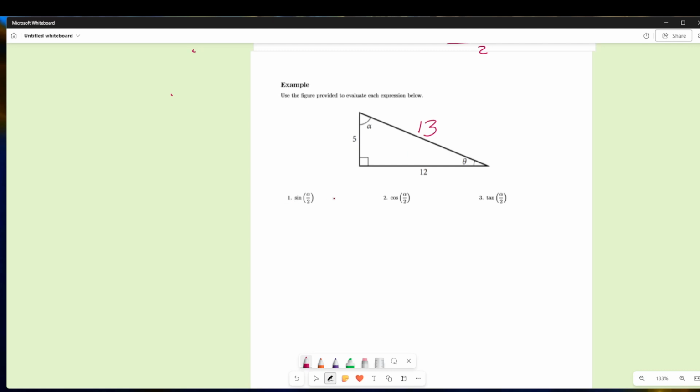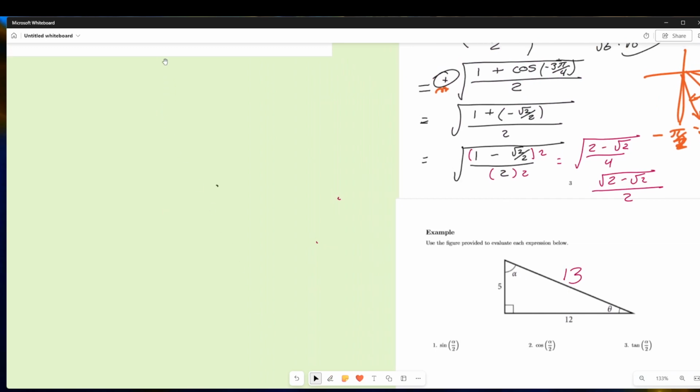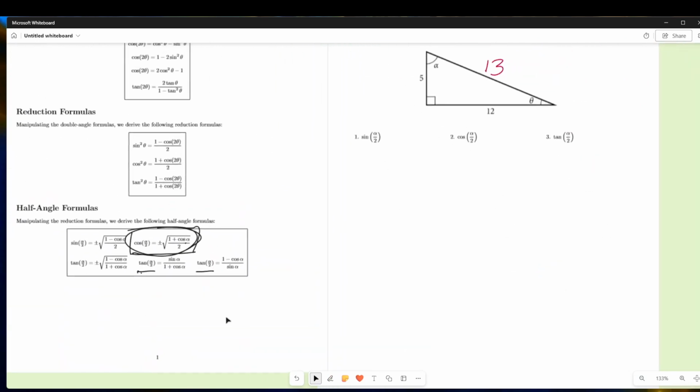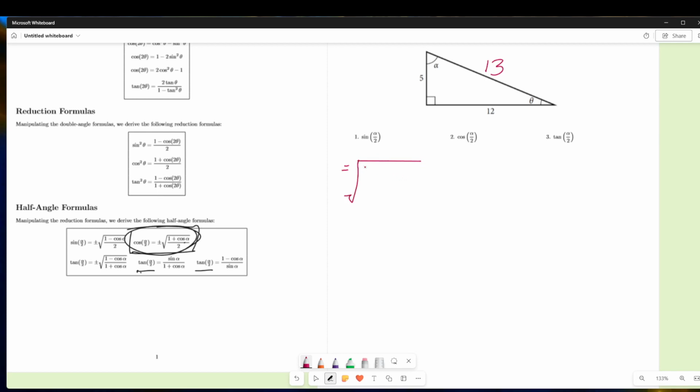So sine of theta over 2, well, again, we grab our formulas. So the sine of theta over 2 is going to be positive because these are all acute angles, so they're all going to be in essentially quadrant 1 angles. 1 minus the cosine of alpha over 2.